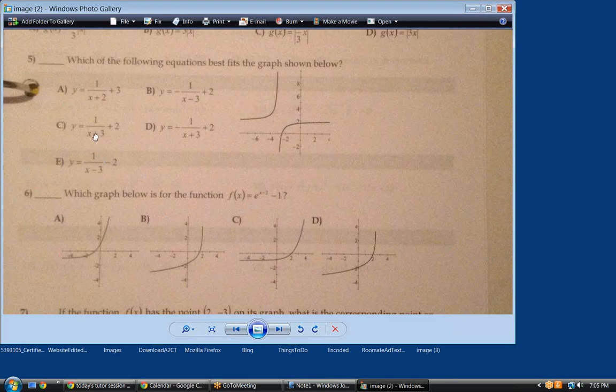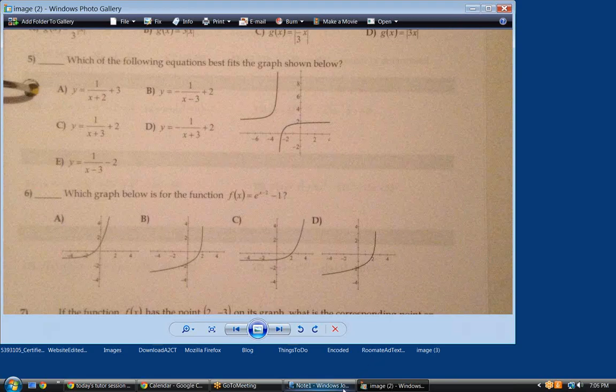So it's got to be either C or D, right? Yes. Both of them have been moved up 2 units, which the graph has been moved up 2 units. The only difference between C and D is this negative sign.